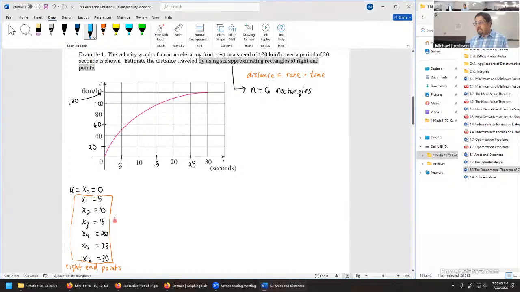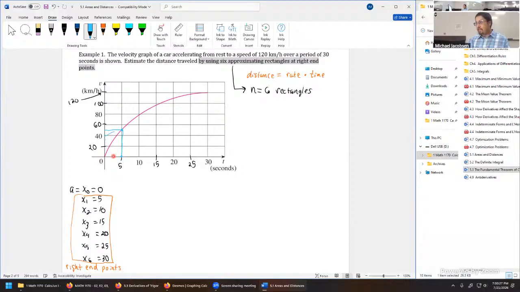So the first approximate rectangle says to use right endpoints, and that's telling us what the height of the rectangle is. From 0 to 5, the right endpoint would be at this height here. We're going to estimate that from the interval of time 0 to 5 seconds, it was doing about the height of that rectangle, say, 50 kilometers per hour.